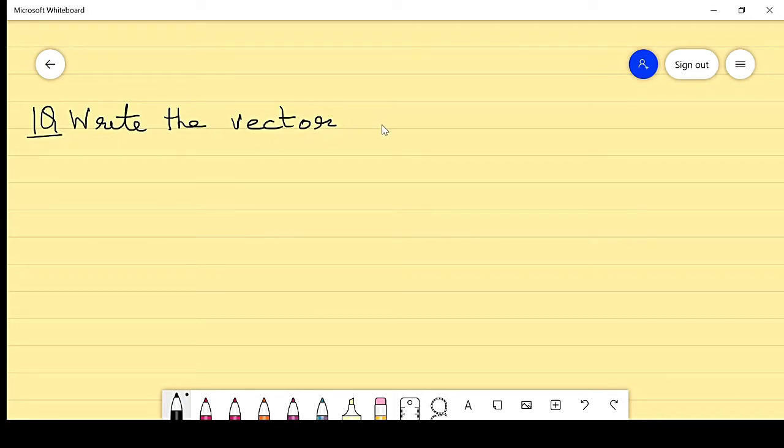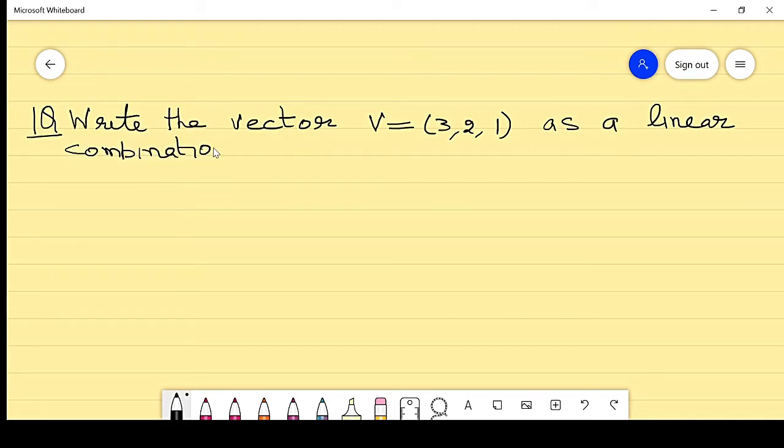So write the vector v which is equal to (3, 2, 1) as a linear combination of vectors.